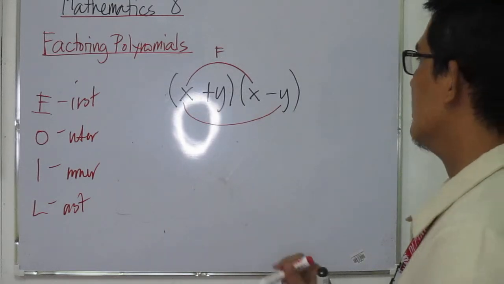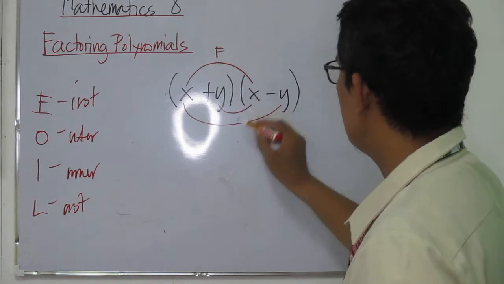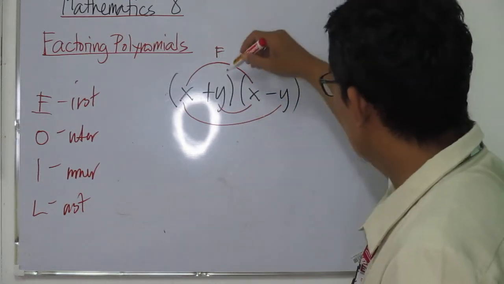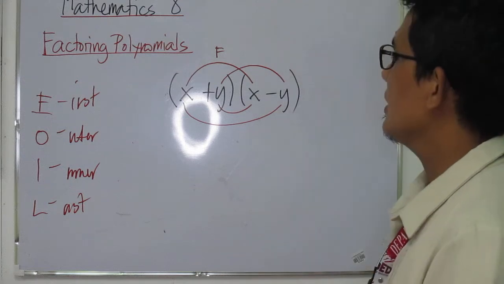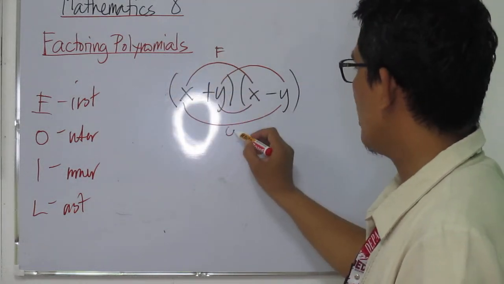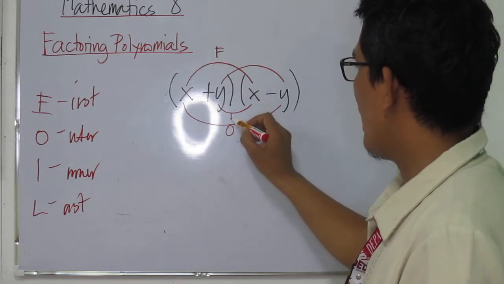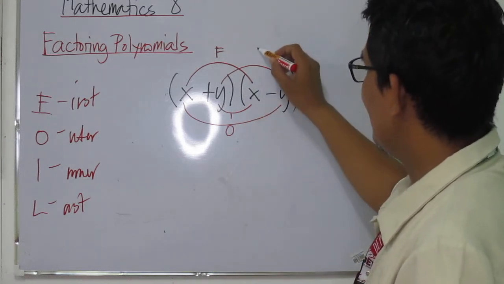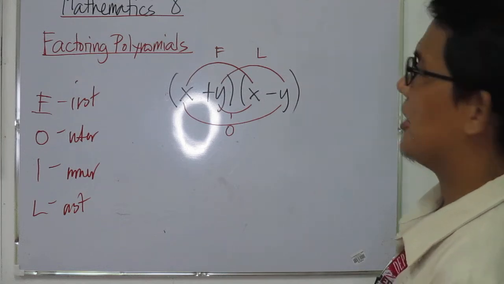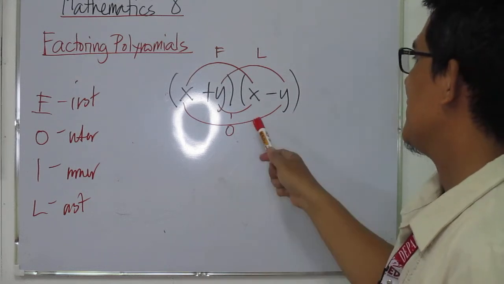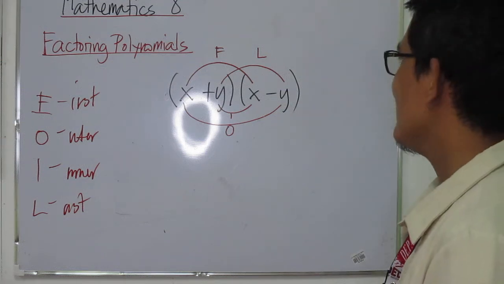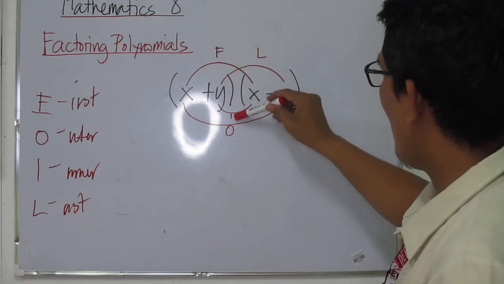The inner, so what is inside, so that is y and x. And the last terms of our two binomials is y and negative y. So again, we have F, this is our O, this is our I, and this is our L. So are you seeing what I am saying? Okay? So that is F, O, I, and L.